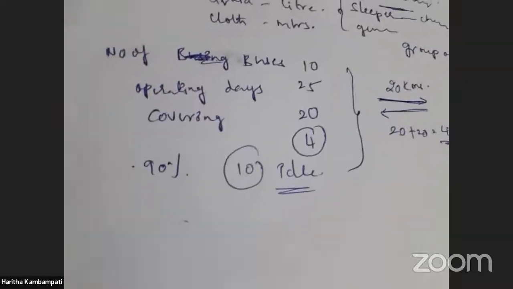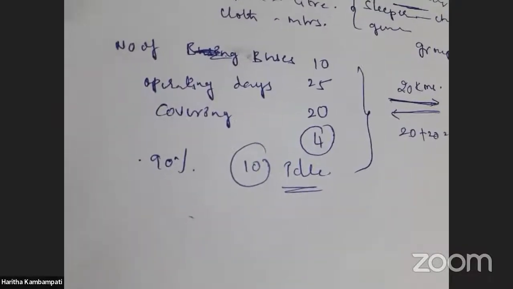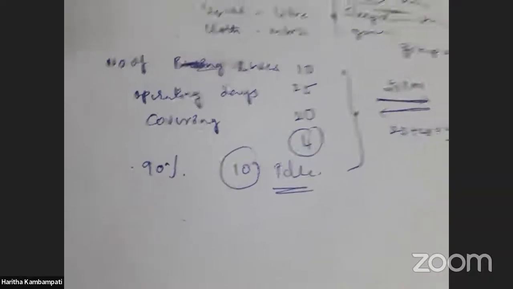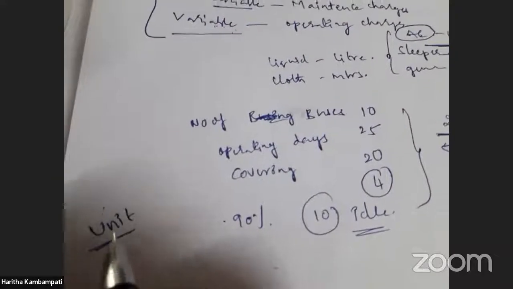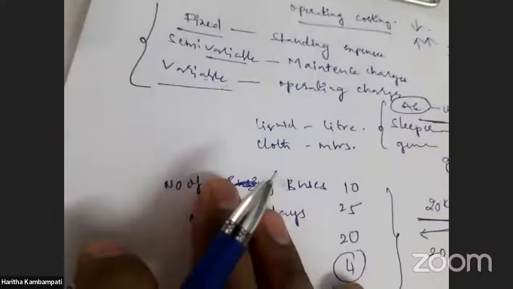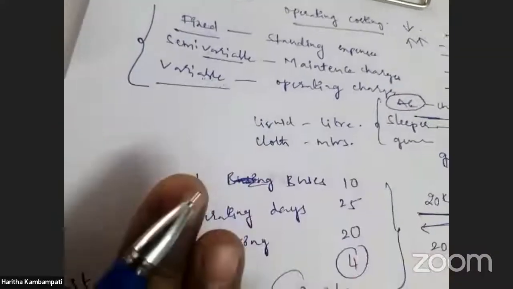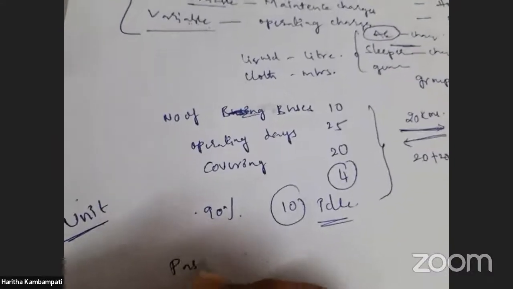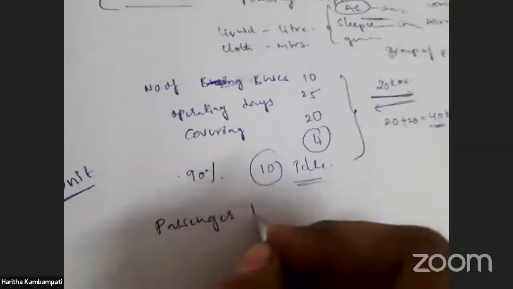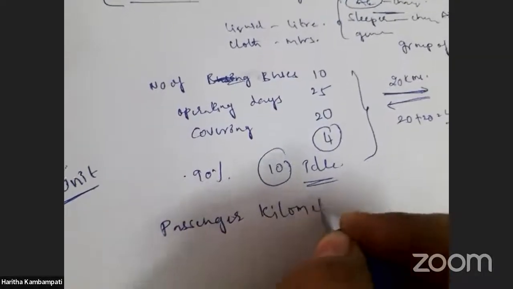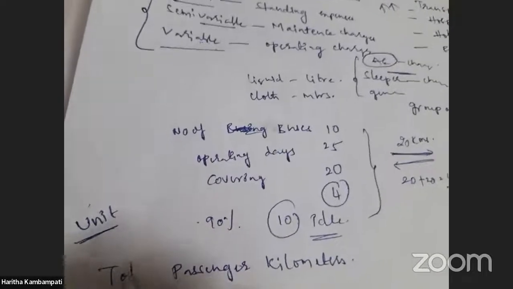Based upon that, in the next problem, how much amount is costing for each passenger kilometer, we are going to ascertain. So first let us see how to calculate total passenger kilometers. This is the cost unit.